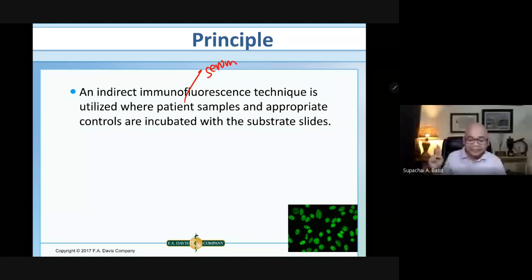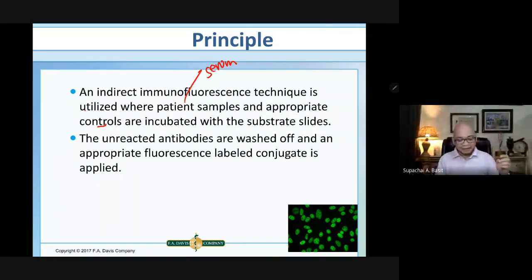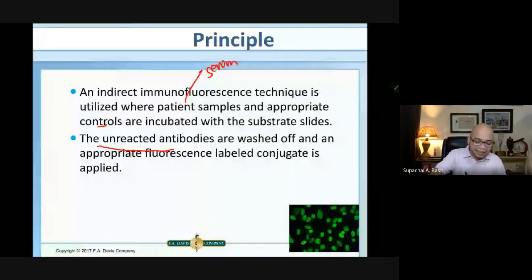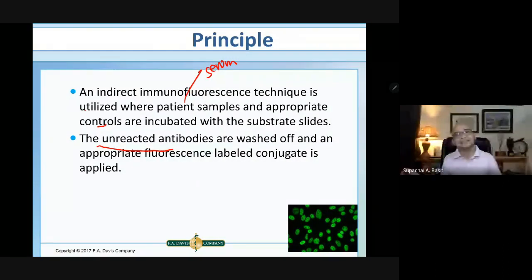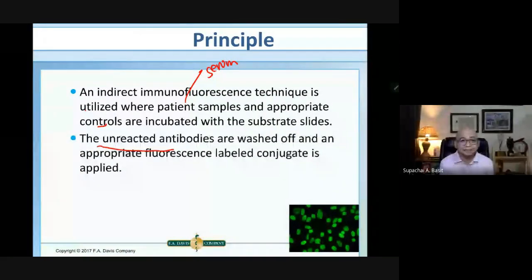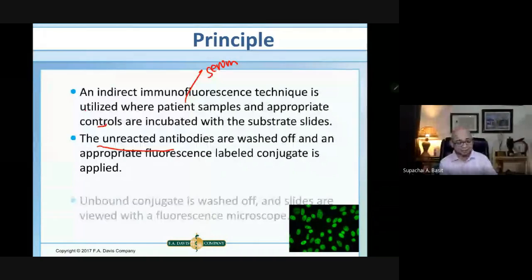And what are we detecting in the patient serum? We are detecting anti-nuclear antibodies. So serum plus controls are incubated with the substrate in the slides. If you do not have anti-nuclear antibodies, you call that unreacted antibodies, and eventually these unreacted antibodies will be washed away, and an appropriate fluorescence label conjugate is applied.